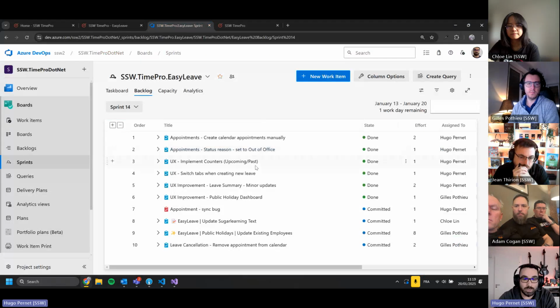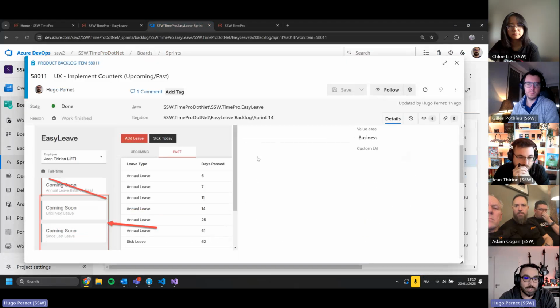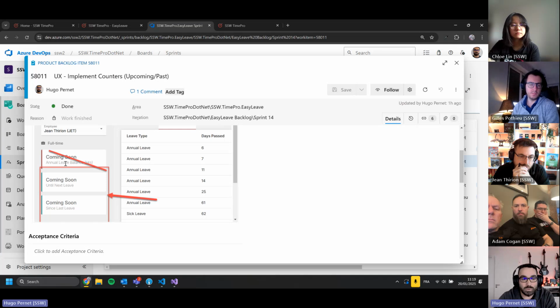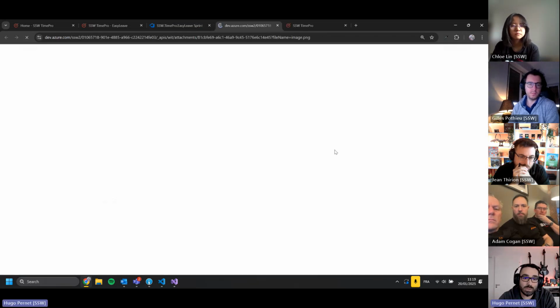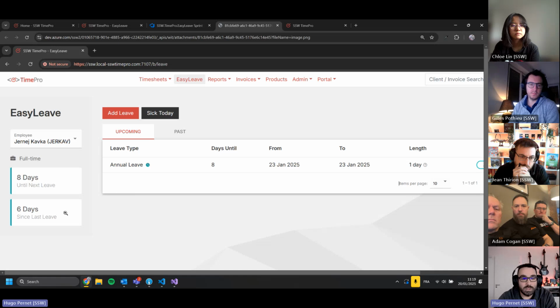Let me show you how it looks. So I'm talking about those counters on the left here, and now it looks like this. You can see the amount of days until your next leave and the amount of days since your last leave. And we've hidden the first one because we don't have the Xero integration yet.